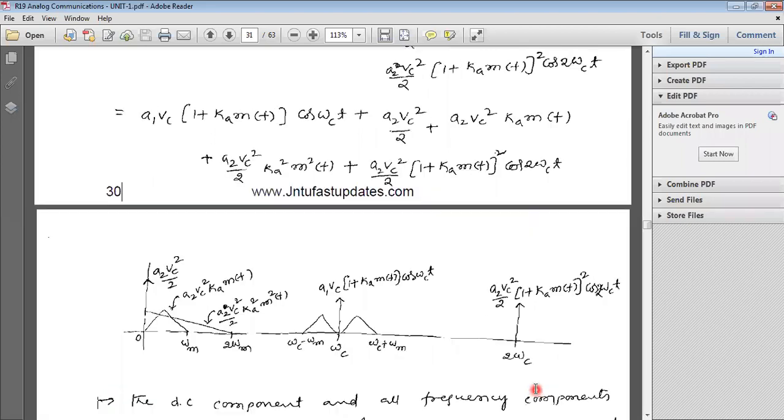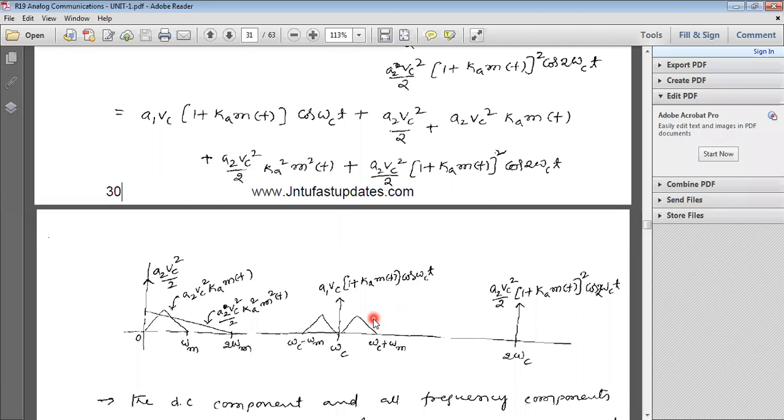Now if we draw the frequency spectrum for this equation, already you know this is the representation of the AM wave, A1 Vc into (1 plus Ka m of t) into cos omega ct, which has the carrier frequency of omega c. According to the frequency shifting property, it has two bands, omega c plus omega m and omega c minus omega m.